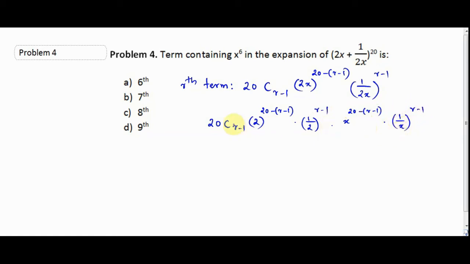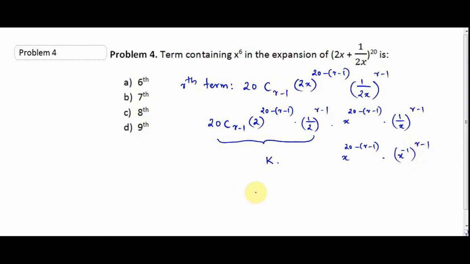This part comes as a constant term. Let's take it as k. Now the x terms: we may take 1 by x as x raised to minus 1, so (x raised to minus 1) whole raised to (r minus 1).